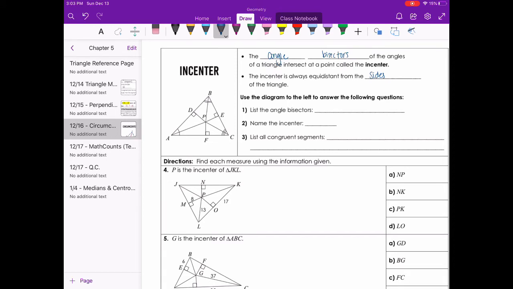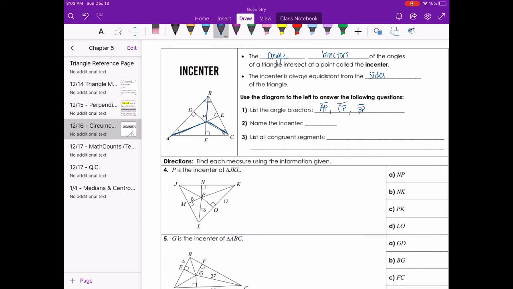So here, all of my angle bisectors would be cutting this angle in half, right? So line AP is an angle bisector, CP, and BP.